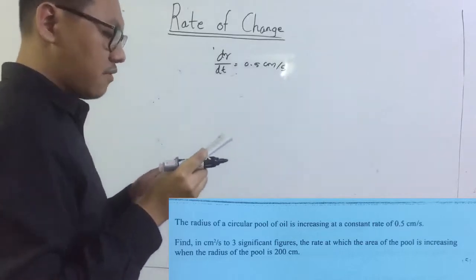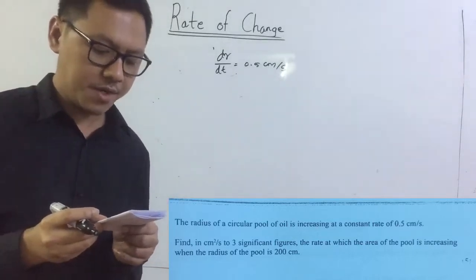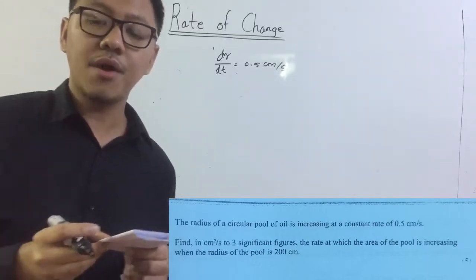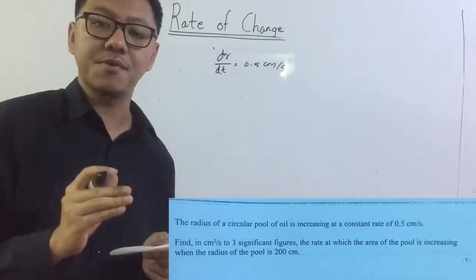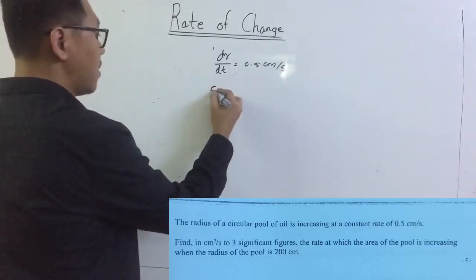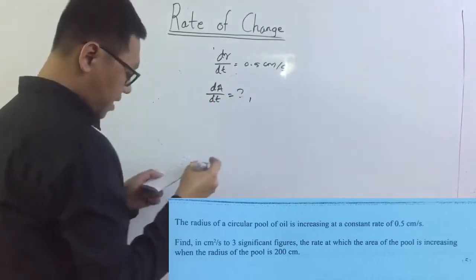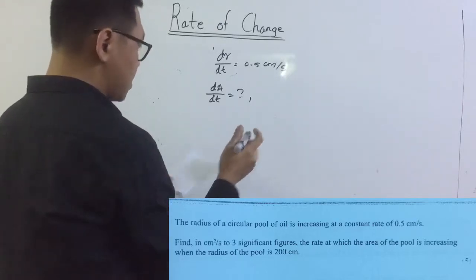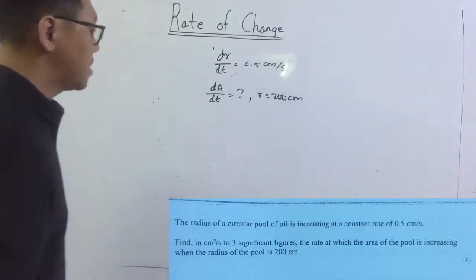And then you have to find, in centimeter squared per second to 2 significant figures, the rate at which the area of the pool is increasing. So rate of change of area, because it's the rate at which area is increasing, right? So rate of change of area, which is dA by dt equal to question mark. And they give you when the radius of the pool is 200 centimeter, which is r is equal to 200 centimeter.